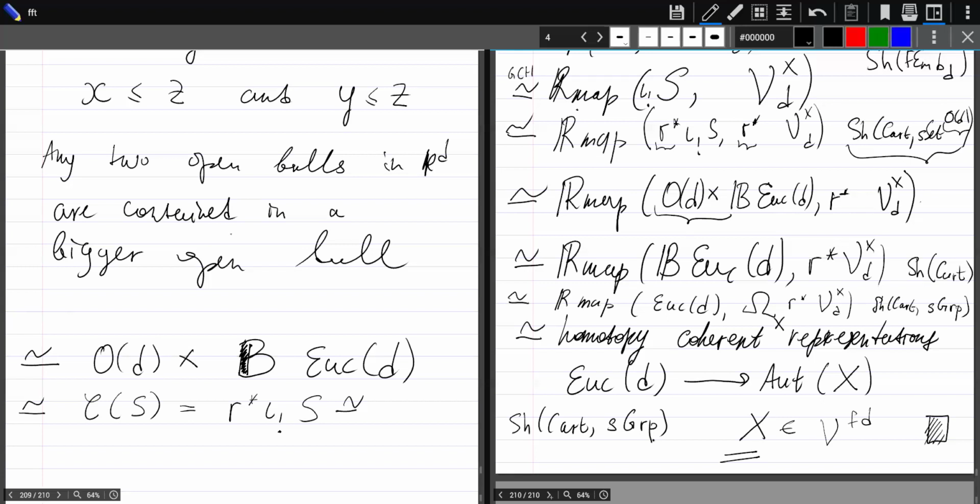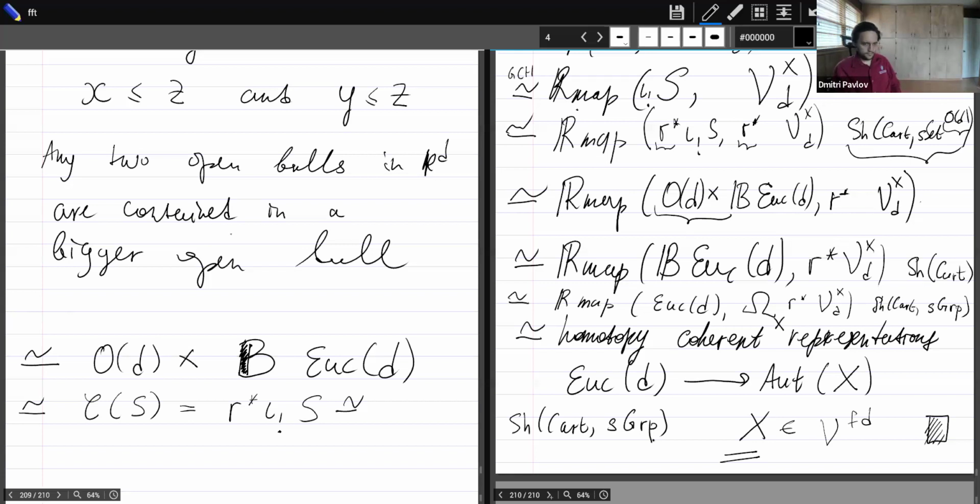So this automorphism group of X is by definition this omega X. Loops in an infinity group is just another name for automorphisms of an object. Because what is an automorphism of X? It's a morphism from X to X, right? And what is a morphism from X to X?